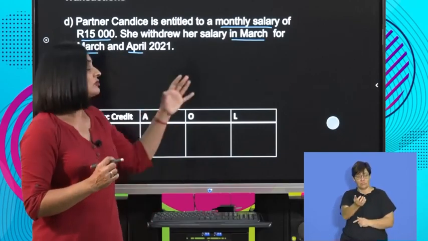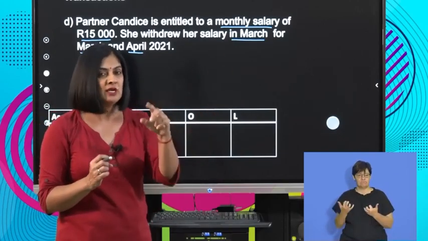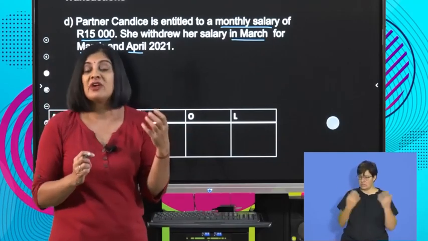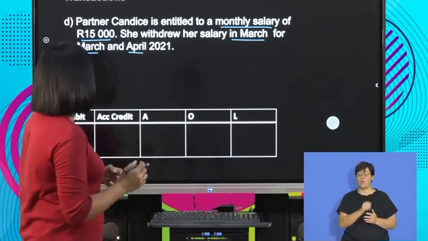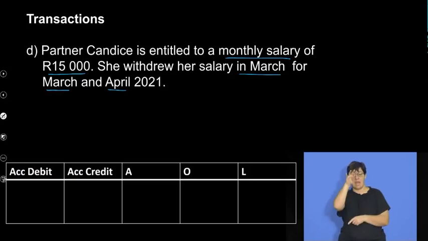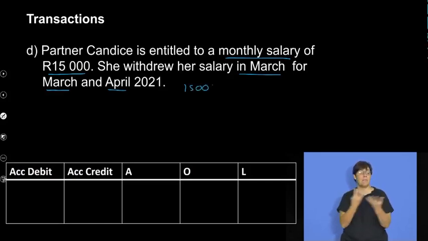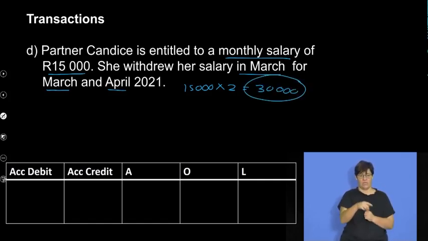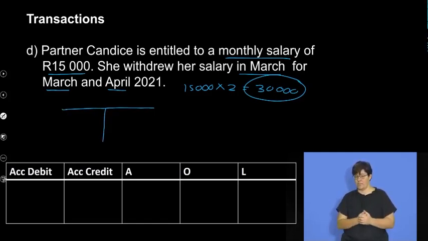But before we actually use the drawings account, let's quickly calculate how much Candace has taken. So remember, she's taken the salary for March and April. So obviously, if her monthly salary is 15,000, she's withdrawn a salary for 2 months. So we're looking at 30,000, not 15,000. Okay, right, so the 2 accounts affected are as follows.